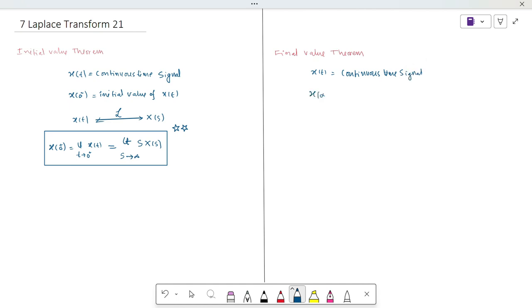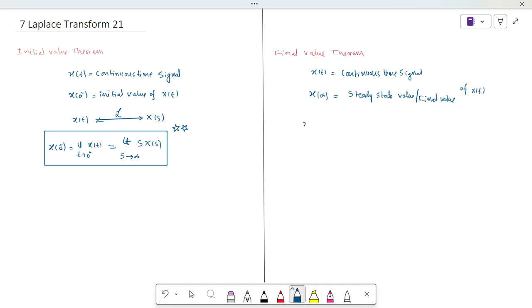This is called the steady state value or final value of x of t.